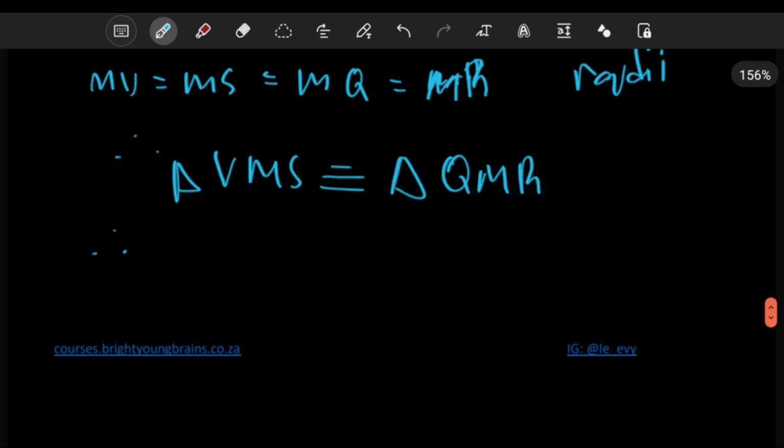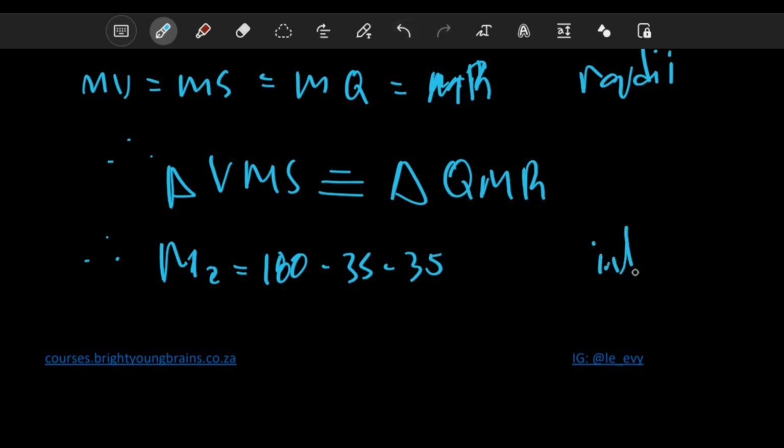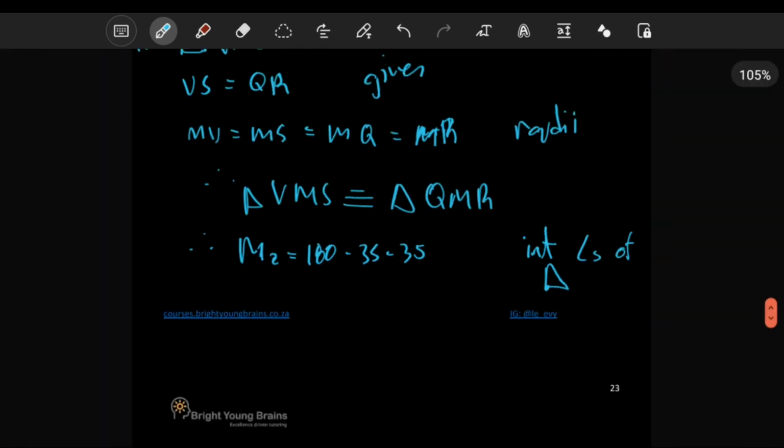It's a coincidence that M2 is equal to 70. So here we can then say that M2 is going to be equal to 180 minus 35 minus 35. Your reason here, you can literally just put interior angles of a triangle. Nice. That's the way. I like it.